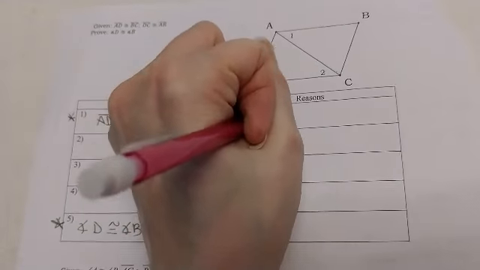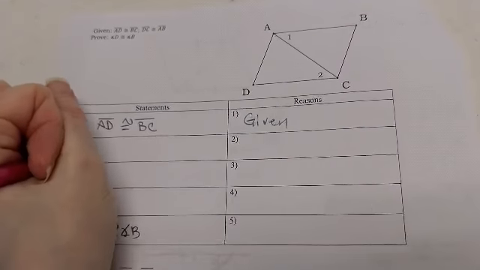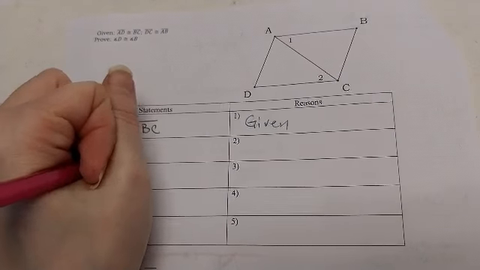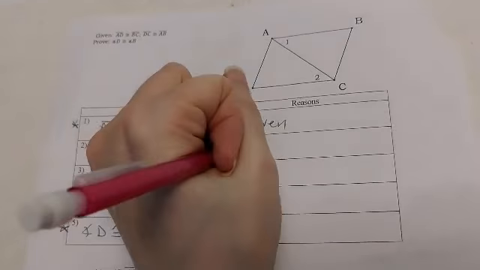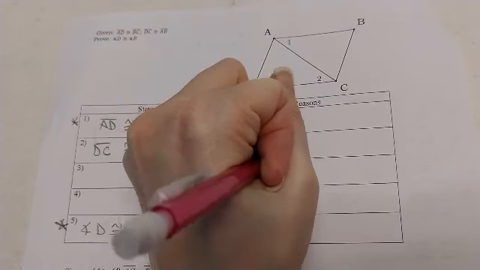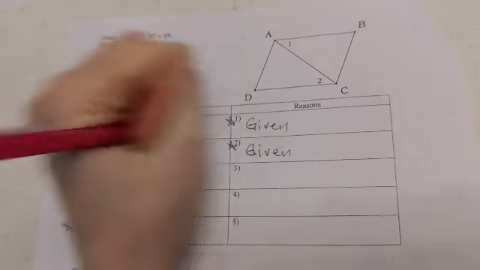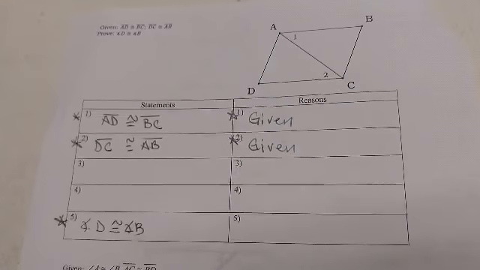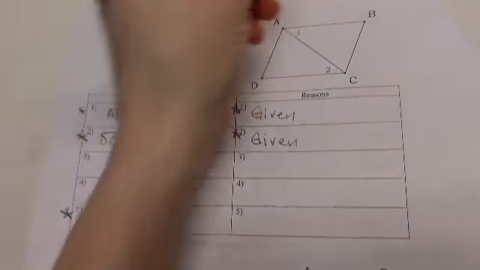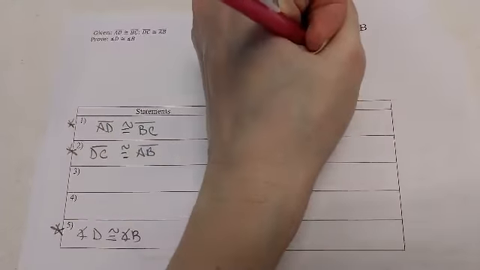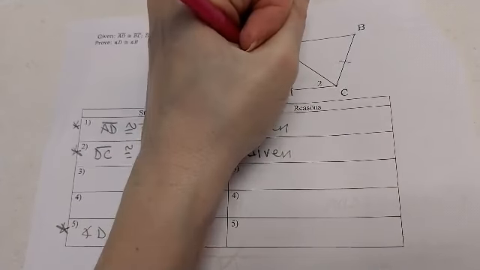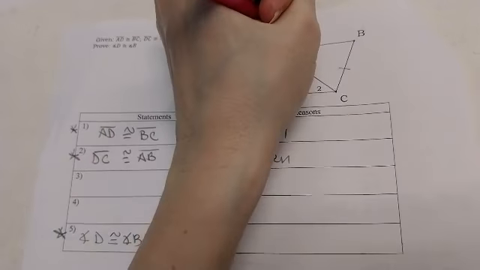So our reason is given. And DC is congruent to AB, which is also given. So I'm going to go ahead and mark that stuff up. So AD is the same as BC, and DC is the same as AB.